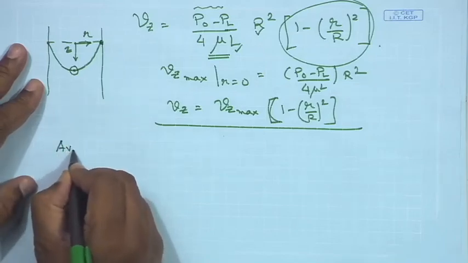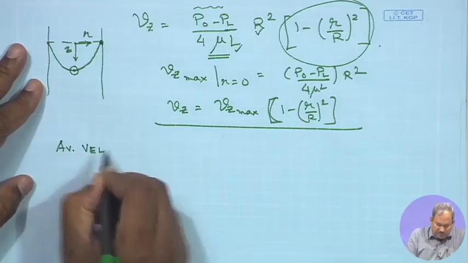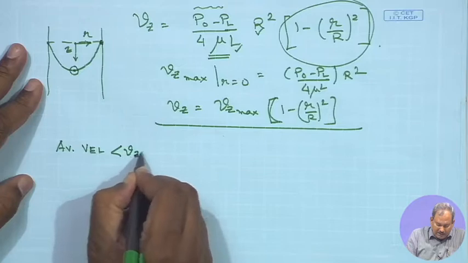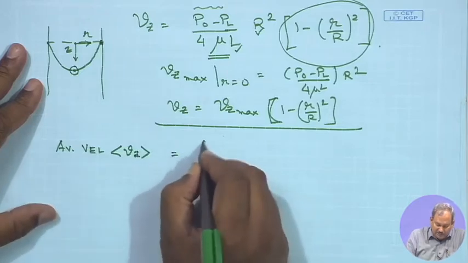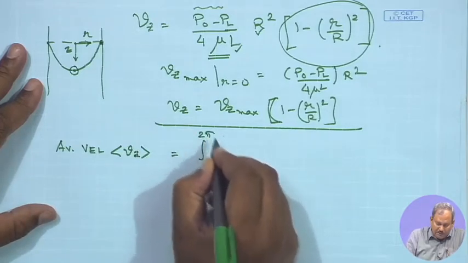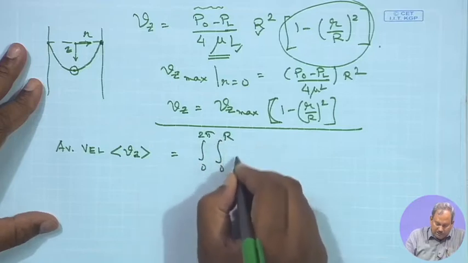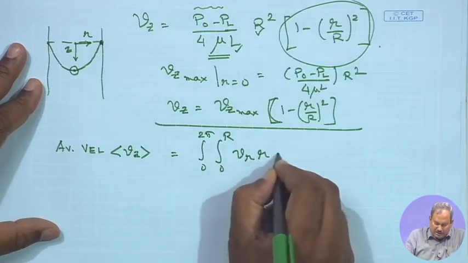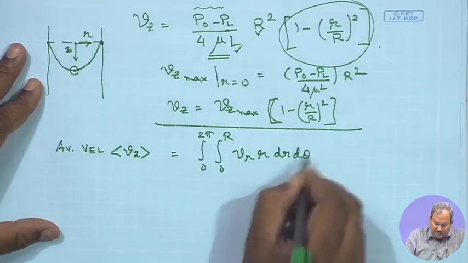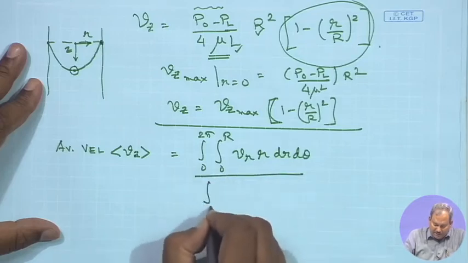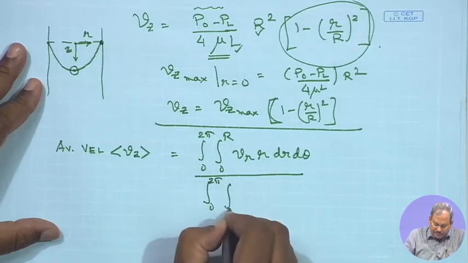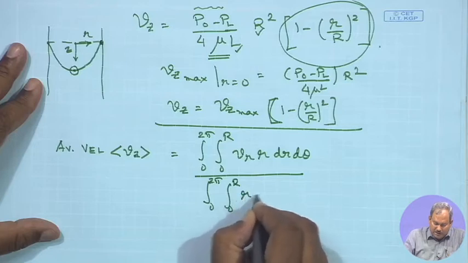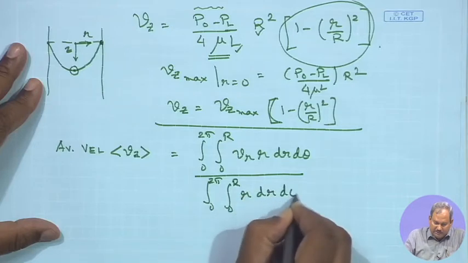So, the average velocity, which is denoted by this sign, is simply equal to the integral from 0 to 2 pi, 0 to R of Vz r dr d theta, divided by the area, which is the integral from 0 to 2 pi, 0 to R of r dr d theta.